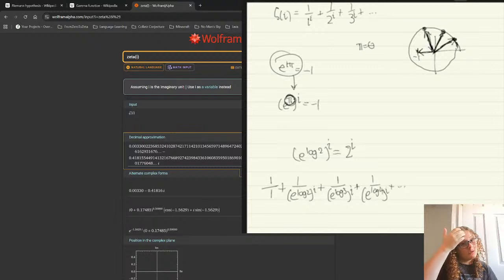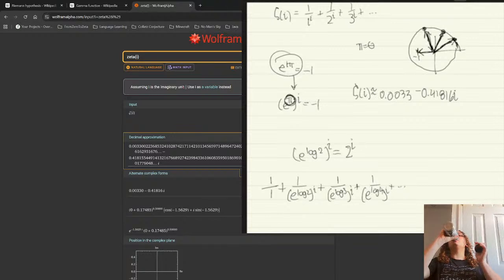So it looks like zeta I is roughly equal to 0.0033 minus 0.41816 I. Okay.